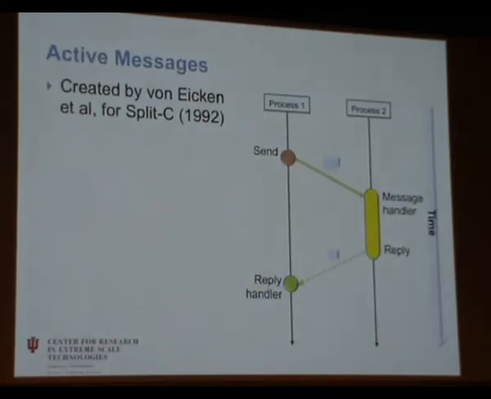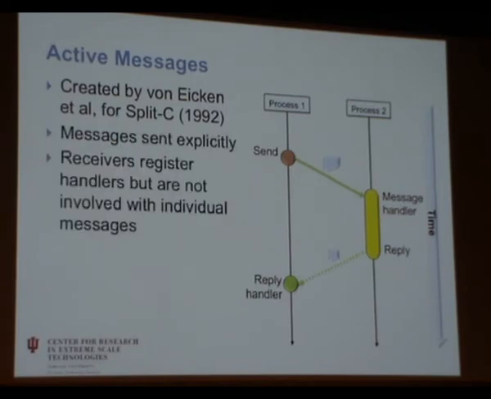And so one approach that's become more popular recently for handling these sorts of problems is active messages. They were invented in 1992 for Split-C. And in this model, messages are sent explicitly, but receivers register message handlers and aren't involved with individual messages. You just put in a handler that says, when a message of this type arrives, call this piece of code.